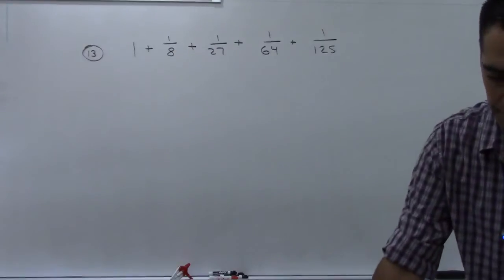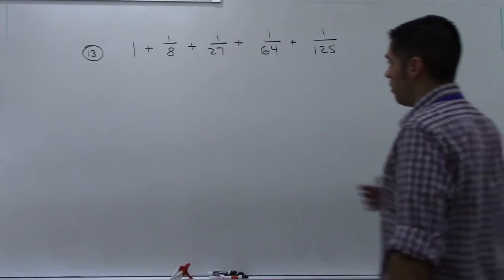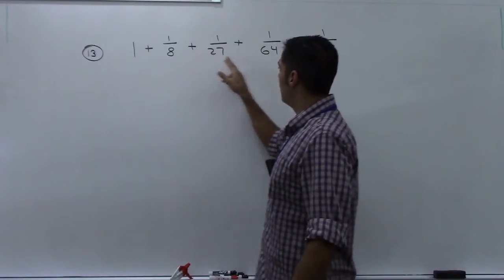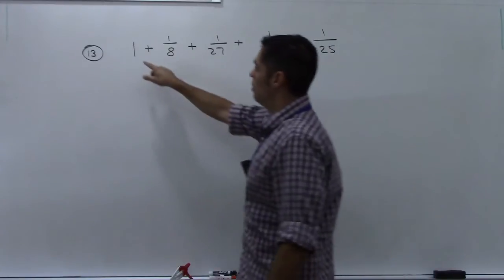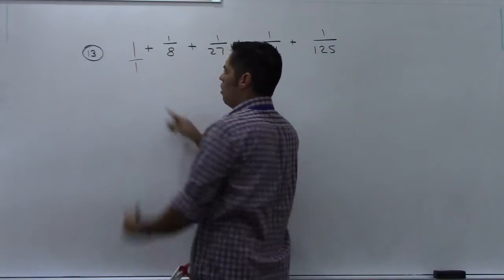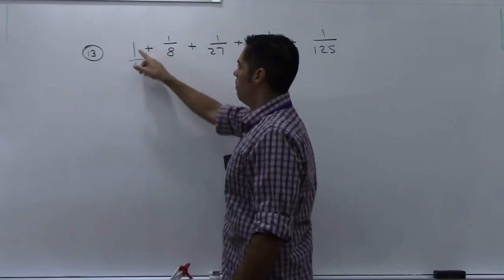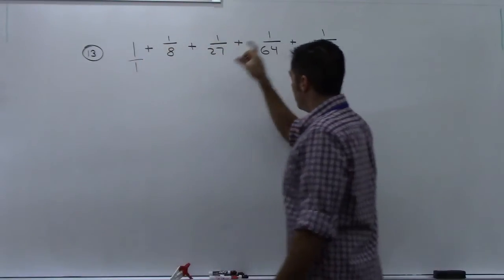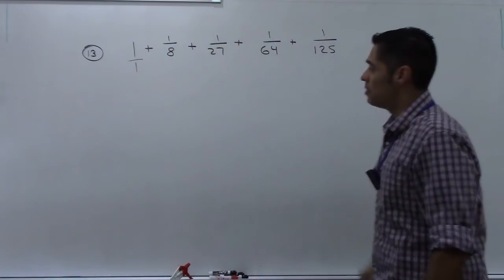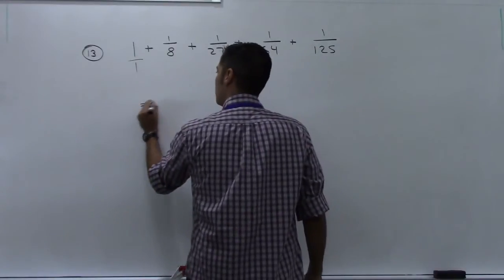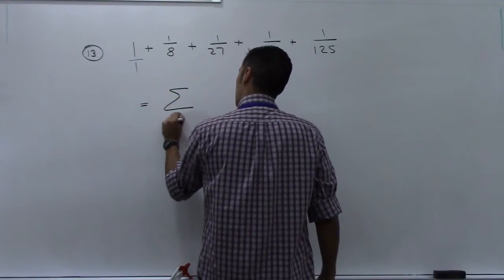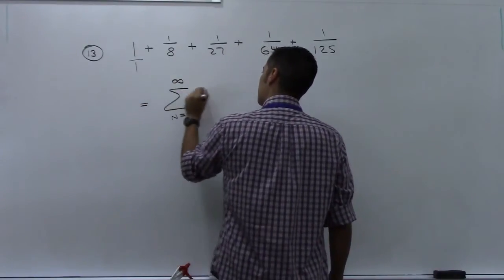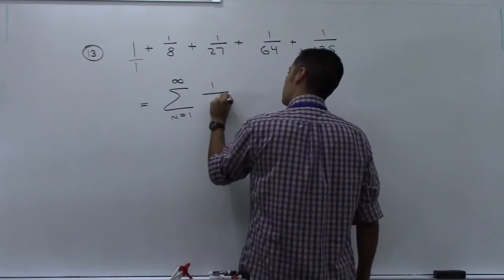I think I see this. Those are all perfect cubes: 1 over 1 cubed, 1 over 2 cubed, 1 over 3 cubed, 1 over 4 cubed, 1 over 5 cubed. So this is really just the sum, n starts at 1 to infinity, of 1 over n cubed.